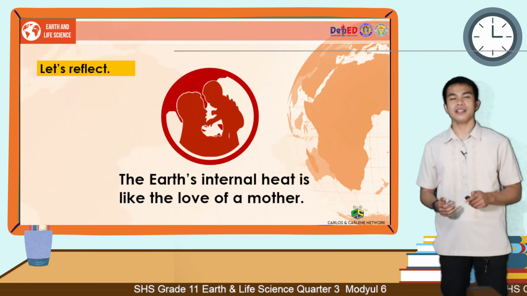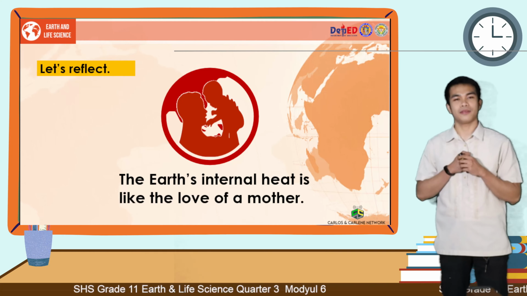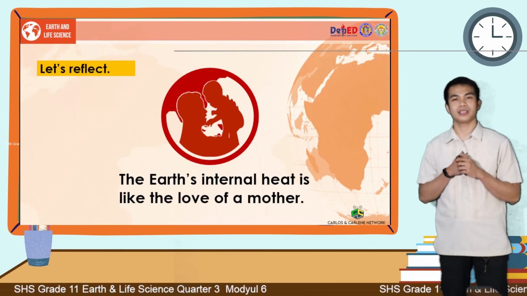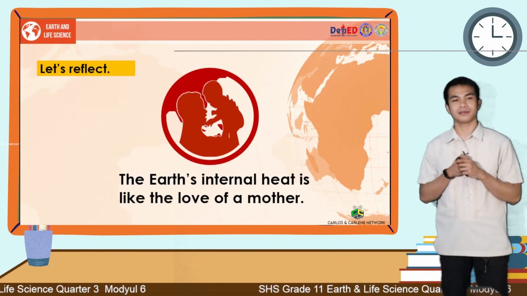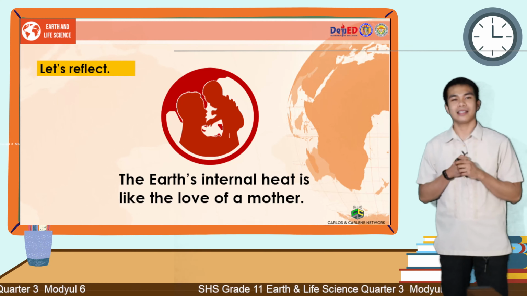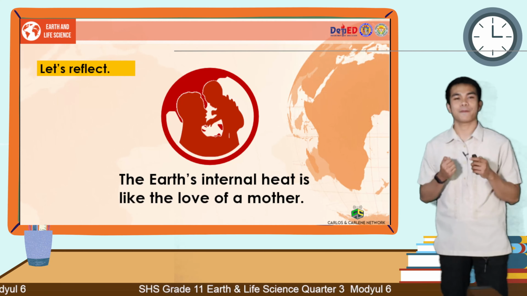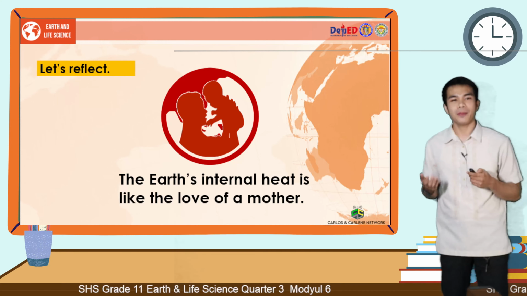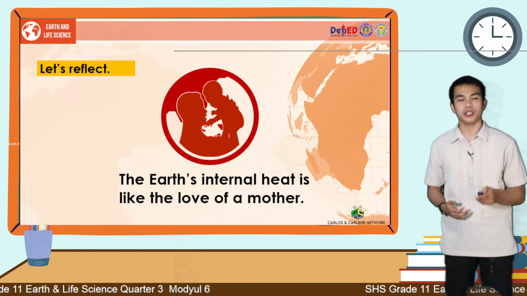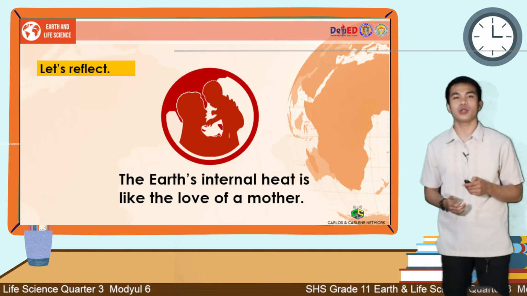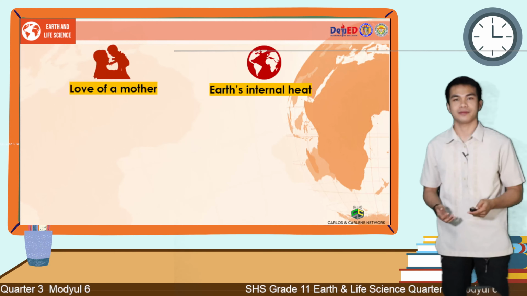So the Earth's internal heat is like the love of a mother. Can you describe the love of your mother? Okay, that's very heartfelt. We need to remember the 3 M's of the love of a mother in connection to the importance of Earth's internal heat to our everyday living.